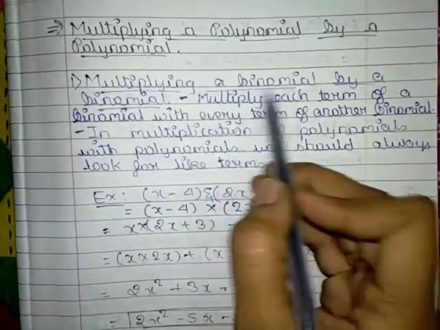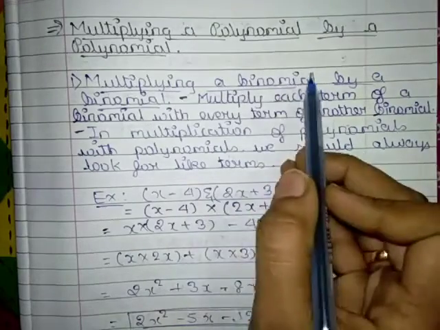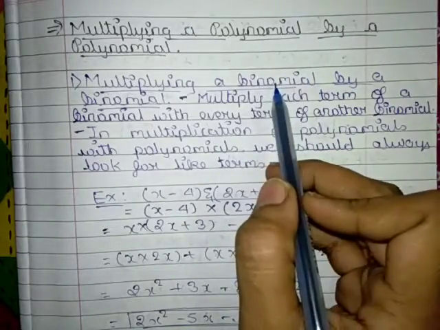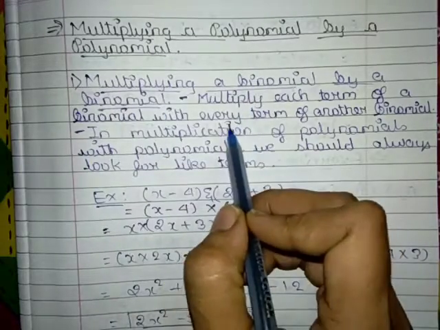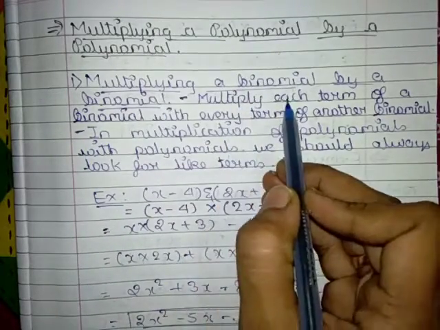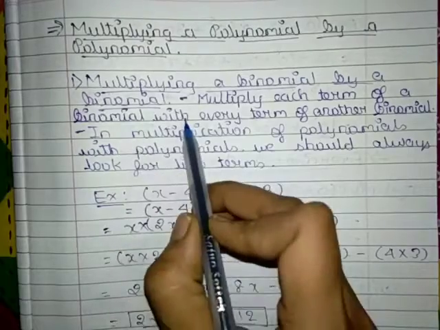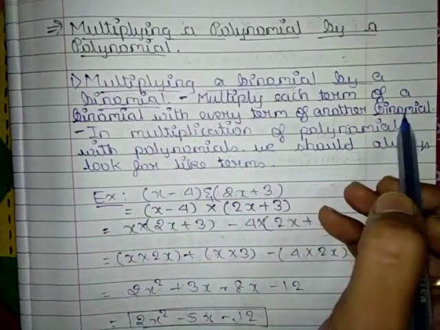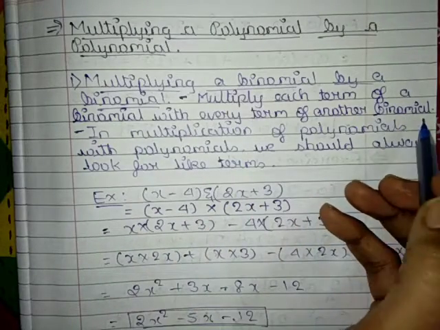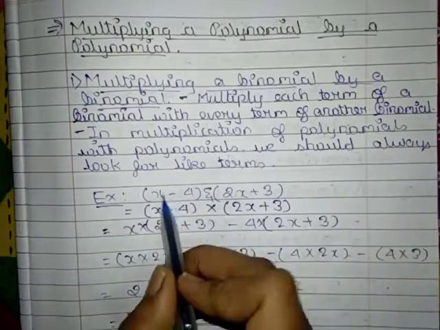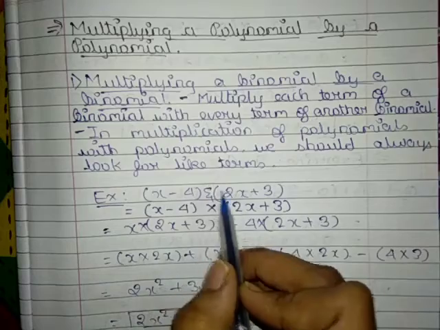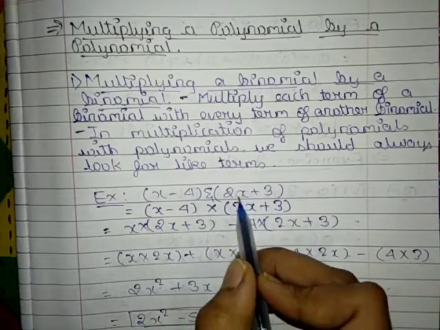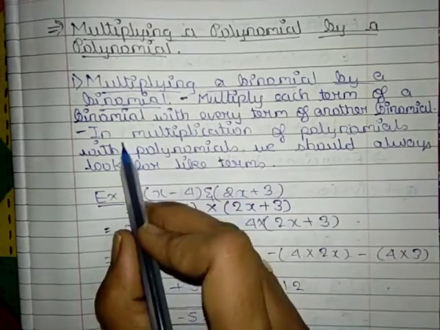We have to multiply a binomial, that is having two terms with an operation between them, with the same, that is a binomial. So the first thing we have to do is multiply each term of a binomial with every term of another binomial. If a binomial consists of two terms, one by one both the terms will be multiplied with each term of the second binomial.